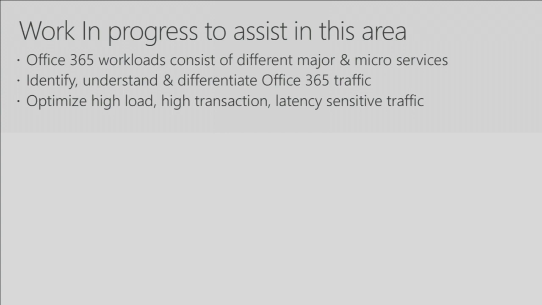But what we've been looking into here is whether there's a smaller list of URLs which are critical for the service, which are causing that problem. So what we advise you to do is look at the URL and IP page and identify and differentiate the Office 365 traffic that really is core to the connectivity, and optimize the ones that deliver high load, high transaction, and latency sensitive traffic.